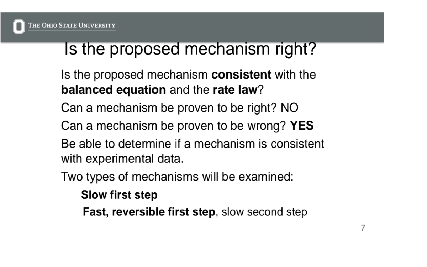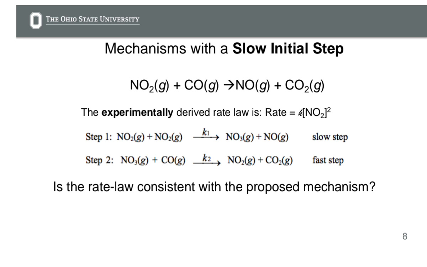So we are going to look now at 2 different types of mechanisms. The first type where we have a slow initial step. The second type where we have a fast and reversible first step, and then a slow second step. Okay. We're going to write rate laws. Relate this to rate. So we're going to write rate laws for each of these types of reaction mechanisms.